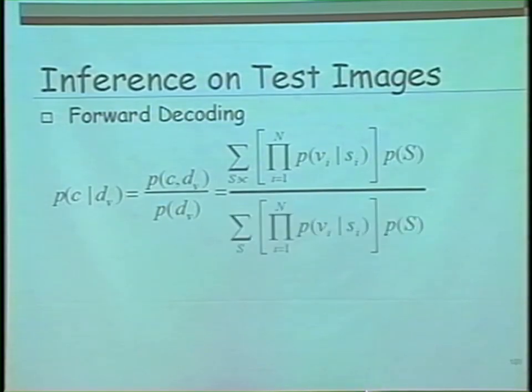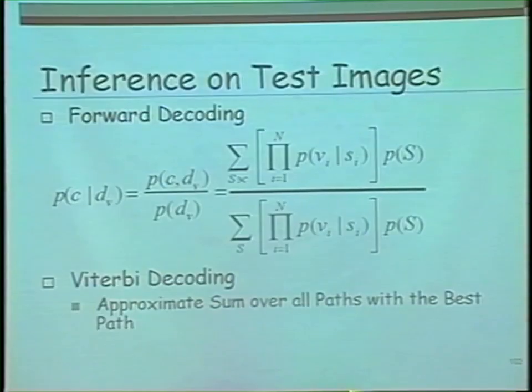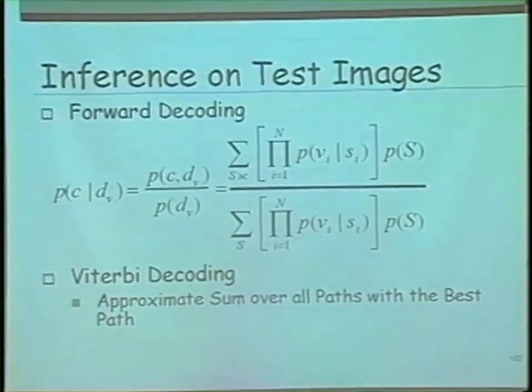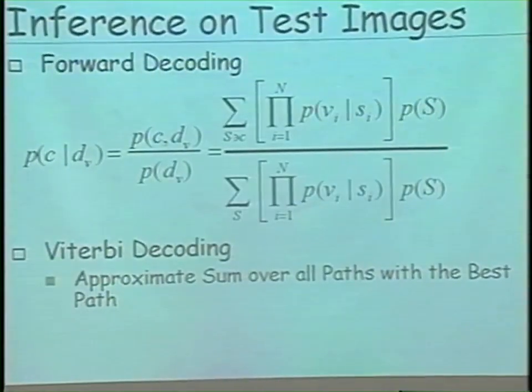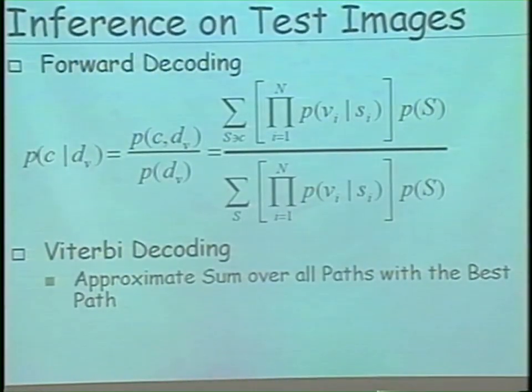And then for the denominator, we simply sum over all paths instead of imposing any constraint. One other approach that we've also used is Viterbi decoding, where you simply replace the sum with a max. And so far, for most models, this has been the best decoding approach that we have found.